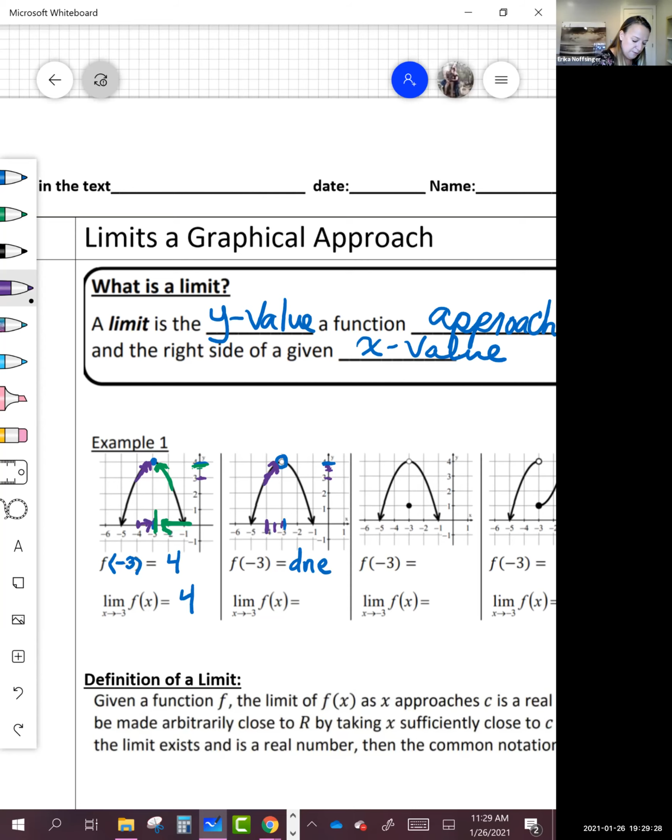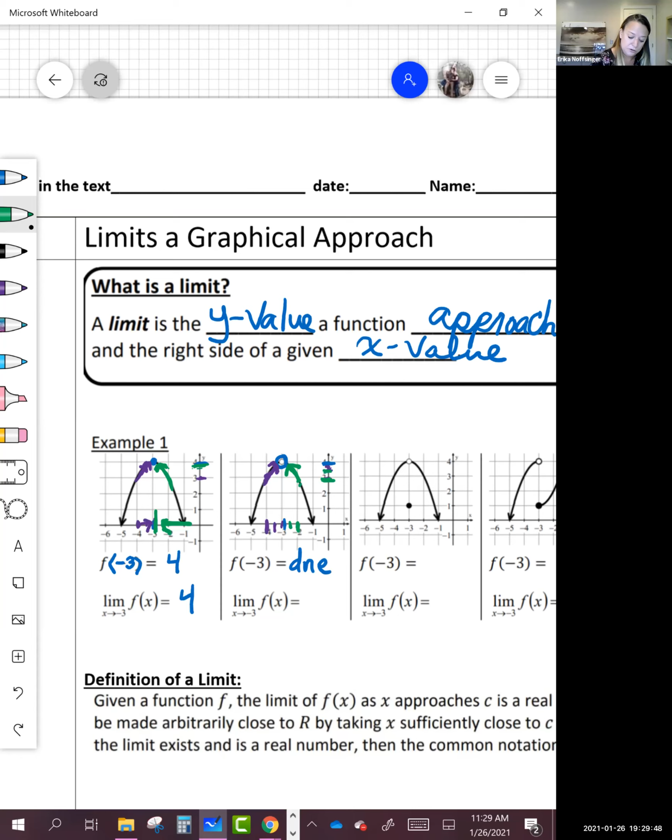Coming in on the right-hand side of x equals -3, values that are bigger than -3, as we get closer and closer, let's say x equals -2, notice that we have 3. If we do -2.5, we have 3.5.